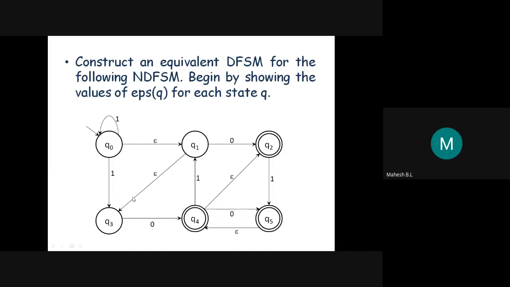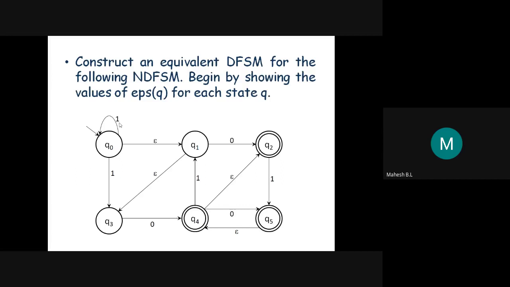So the first step is to add this Q naught, Q1, Q3 to the set of active states. Then since delta dash has not been computed yet, you need to compute delta dash by considering the first element from the set of active states, which is Q naught, Q1, Q3. How to compute delta dash? Delta dash has to be computed for each character in the alphabet. In the alphabet, there are 2 characters, 0 and 1.